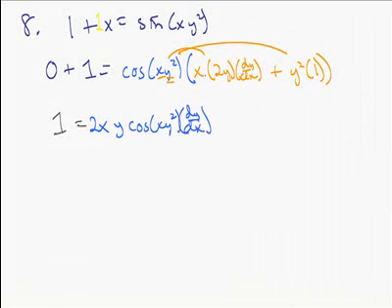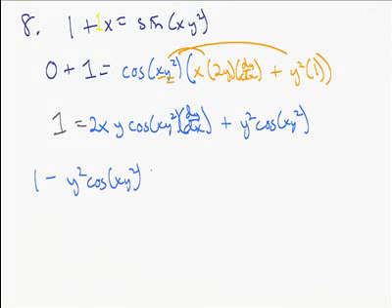So that's from this first term in the parentheses multiplied by cosine of xy squared, plus y squared cosine of xy squared. Alright, so not too hard to solve for dy/dx. Now I'm just going to subtract this y squared cosine of xy squared from both sides. That is equal to 2xy cosine of xy squared times dy/dx.